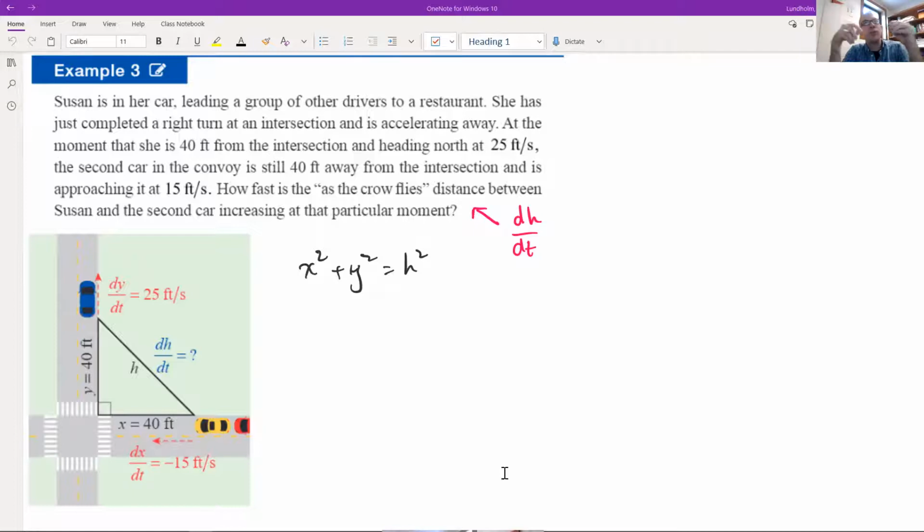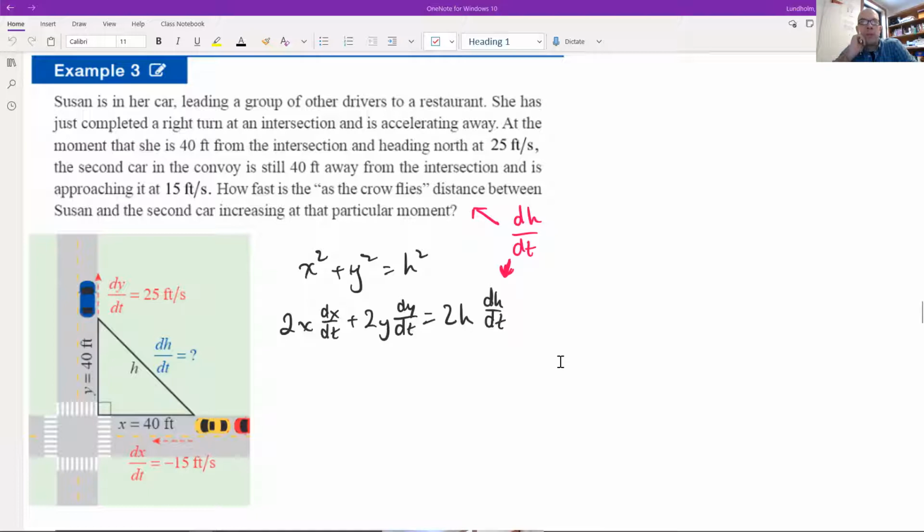As we do it, we treat x, y, and h as functions of time, so we're going to use the chain rule. So 2x dx/dt for the first part, 2y dy/dt for the second part, and then 2h dH/dt for the last. And look at this, we got a dH/dt. So this is what we're being asked to find, and hopefully we're going to have enough information to solve for dH/dt.